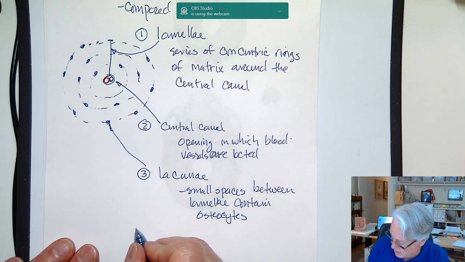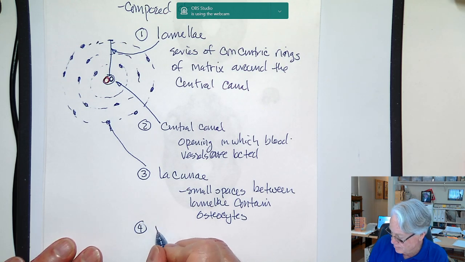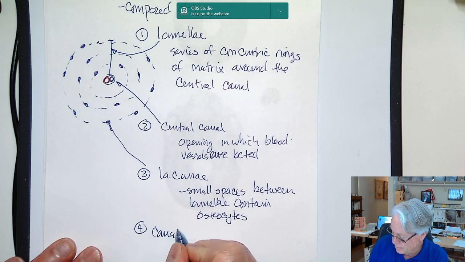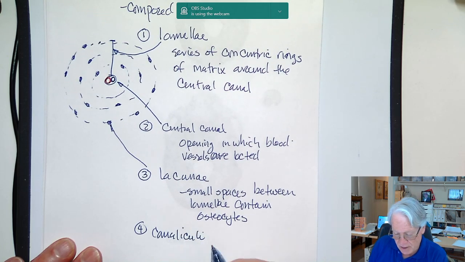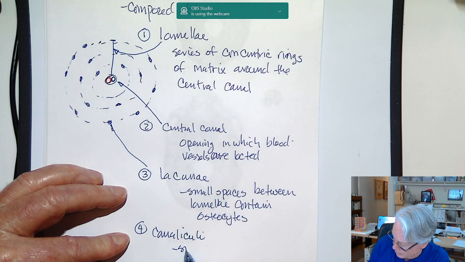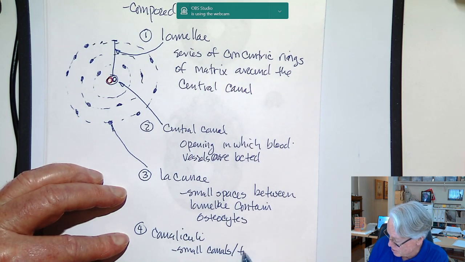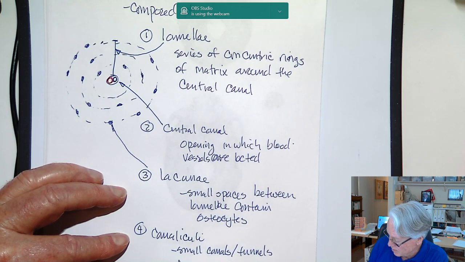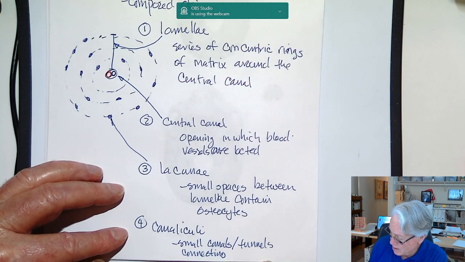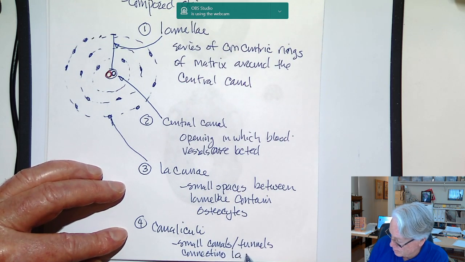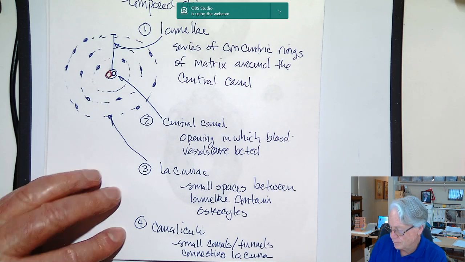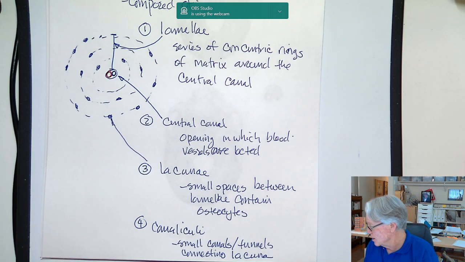And then we have canaliculi. And these are small canals, tunnels, connecting lacunae. Right, and why don't we go ahead? I'm going to do this in red, even though we already have red.